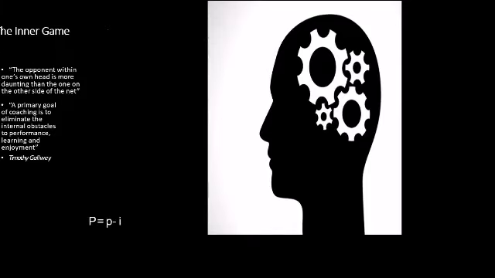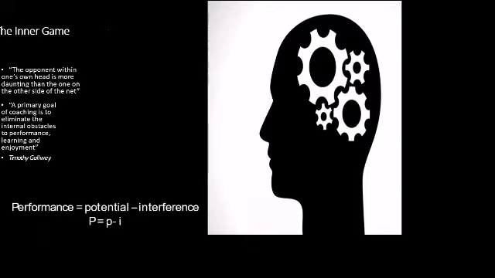So we look at P equals P minus I. Has anybody seen this before? So P stands for, P equals your potential minus the interference. So your performance equals potential minus interference.